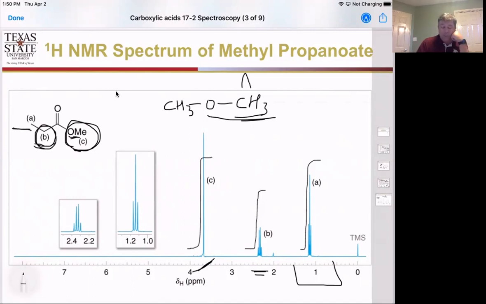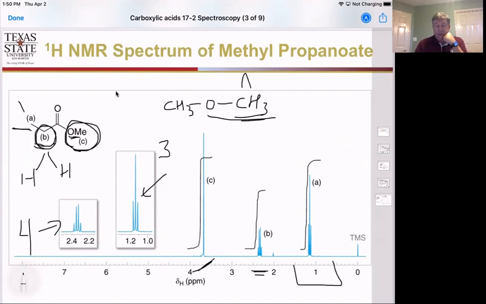So if we look at our splitting, this peak right here is split by the 2 equivalent hydrogens on the B carbon here, and this one is split by the 3 equivalent hydrogens on the A carbon here. So that's going to give us a total of 4 peaks because it's 3 splitting equivalents, and then 2 splitting equivalents is going to give us a total of 3.